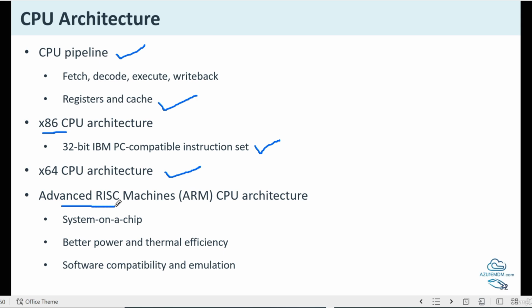Advanced RISC Machine, ARM, CPU architecture is a streamlined, power-efficient design used in phones and tablets, focusing on doing more with less energy. System on a chip packs CPU, GPU, memory, and other components into one chip.